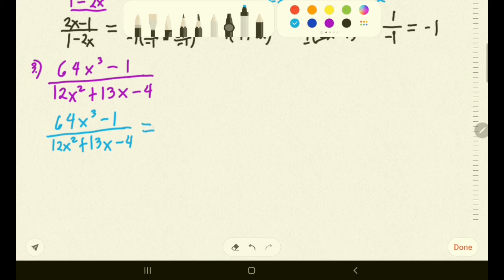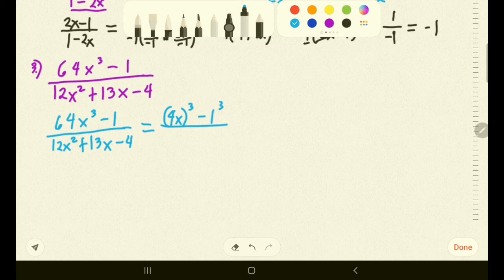To do that, express first each term to the power of 3. So 64x cubed would be (4x) quantity cubed, then minus 1 cubed. So you already expressed each term to the power of 3.